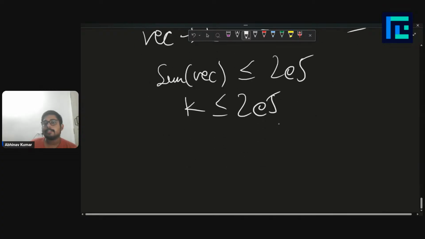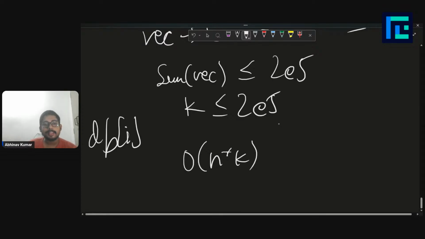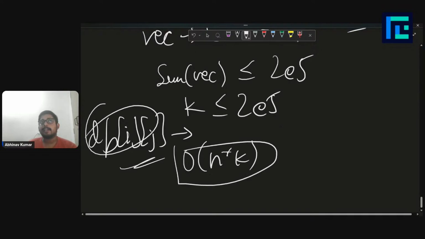Applying a knapsack DP would mean order of n into k, like applying general DP, using a state dp[i][j], which denotes if you are at the ith element, whether you can make a sum j or not. Using that general DP, its complexity would be n into k.